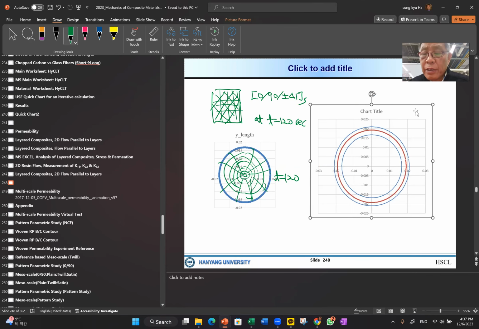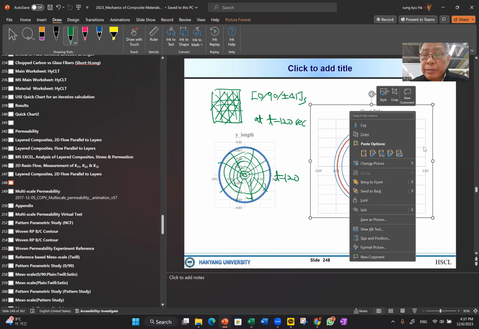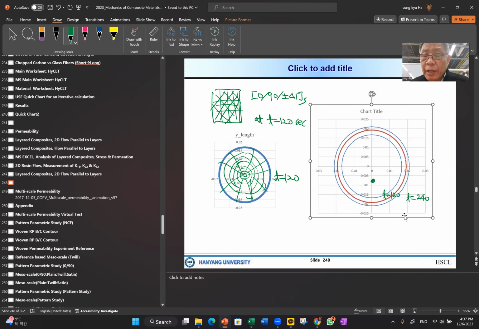So the 120 and 240, and the third one was 360. As time goes by, you can predict or measure this, and then you can back calculate K11, Kxx, Kyy, and so on.